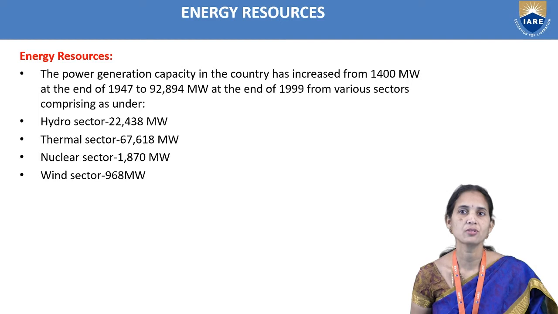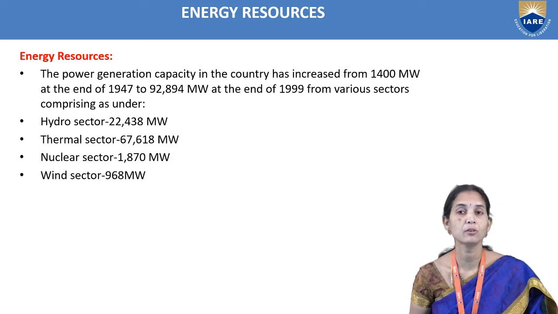The power generation capacity in the country has increased from 1,400 megawatts at the end of 1947 to 92,894 megawatts at the end of 1999. For various sectors, we can take the hydropower sector, thermal sector, nuclear sector, and wind sector.